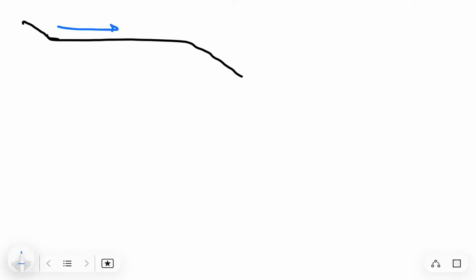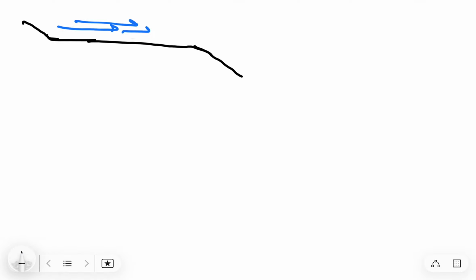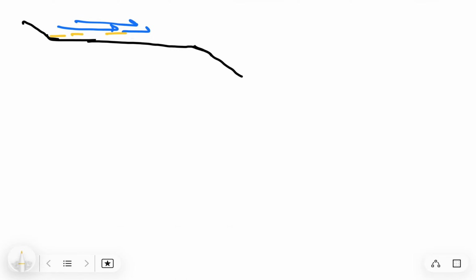The river will flow in this direction. There is a gradual slope, up to the sea level. So this area is known as the continental shelf.